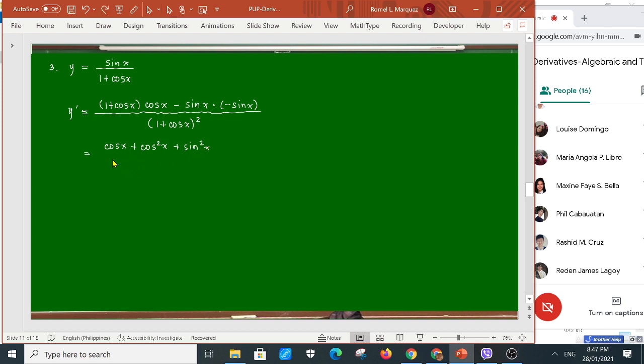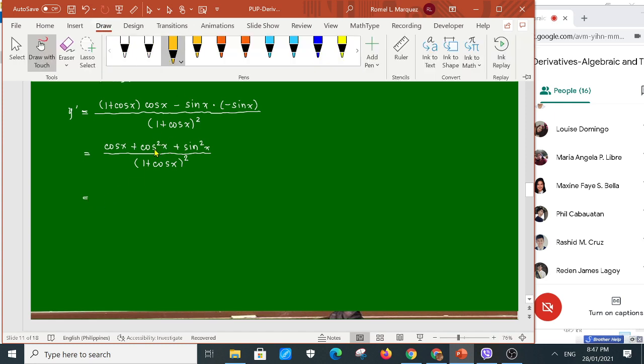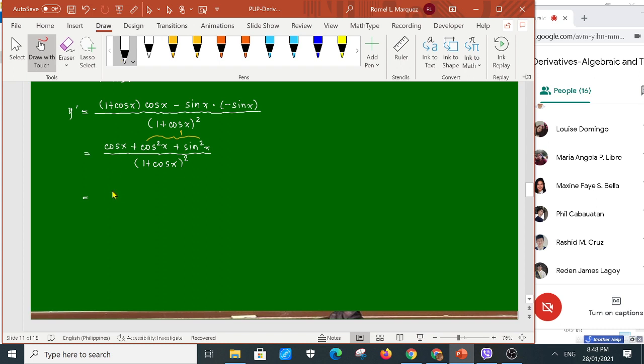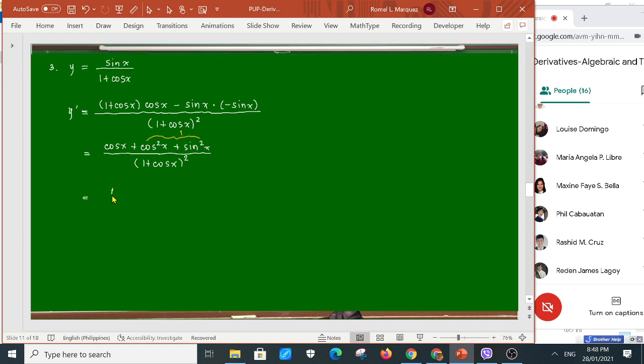What is cosine squared plus sine squared equal to? 1. Very good. So that part is equal to 1. So we now have cosine x plus 1.